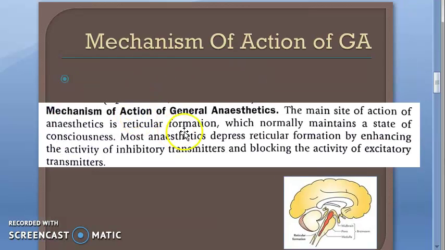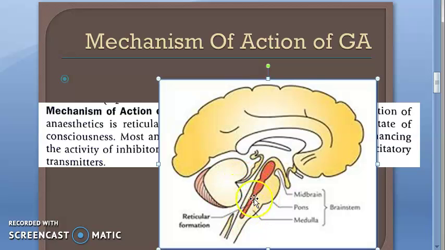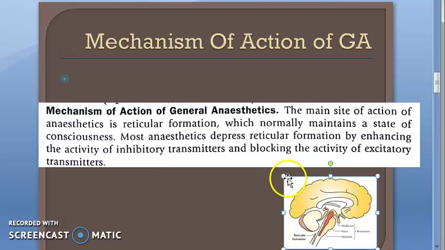Let's move on. How do general anesthetics actually act? The actual place of action is this reticular formation. Look at this. This reticular formation, right? Brain stem. So in reticular formation, these anesthetics will act, okay. This reticular formation is maintaining our consciousness.